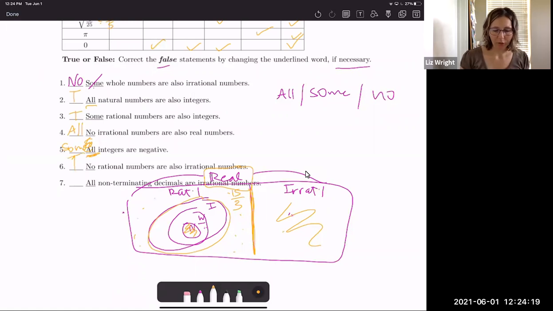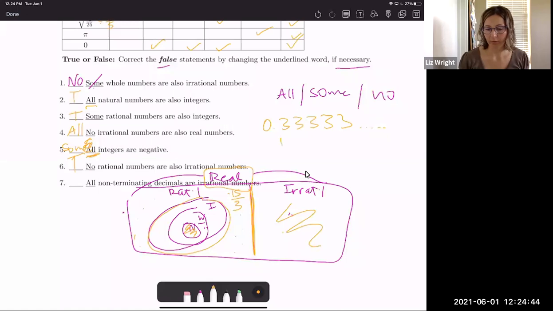All non-terminating decimals are irrational numbers. So this one is saying all non-terminating decimals, so decimals that never end, are irrational. I like that question. What do you guys think? 0.33333. That's a decimal that doesn't end. What is that?